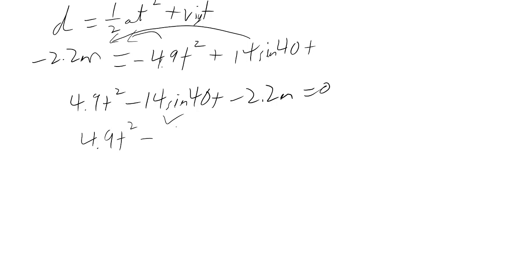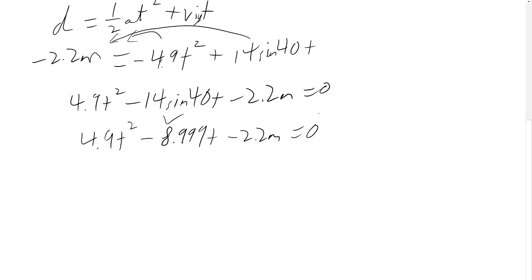Okay, this calculator is weird. So sine of 40 equals 0.6427 around, and then multiply that by 14. And we get 8.999. I usually round up to 4 sig figs just to make sure my answer will end up being still accurate.